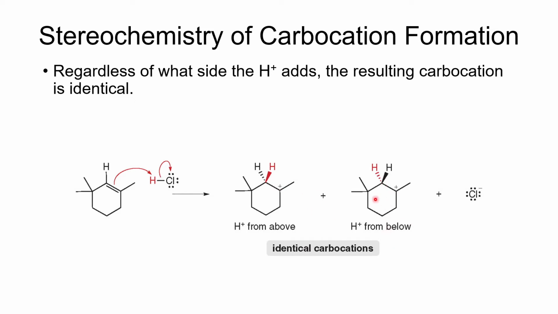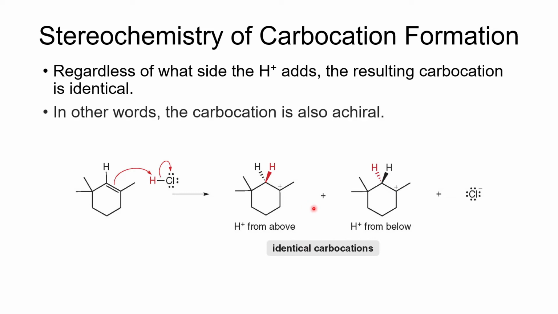Those are identical carbocations, so they are exactly the same. In other words, that carbocation is achiral. There is a plane of symmetry that goes right through all of the carbons in the ring, so that is an achiral carbocation.